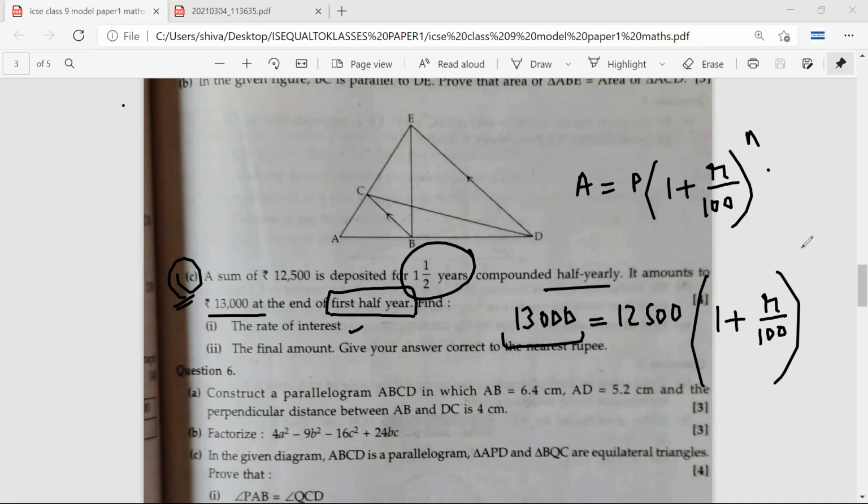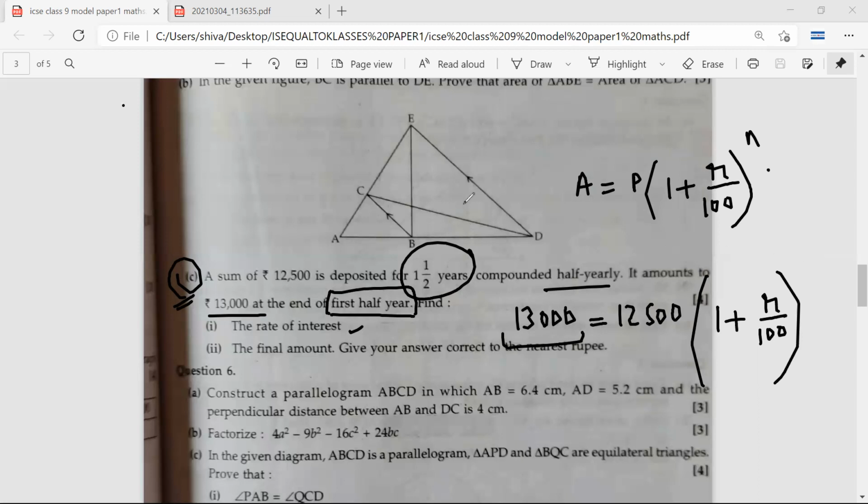So basically n would be equal to 3. Why will it be equal to 3? Because it is for 1.5 years, so in a duration of 6 months, there will be 6 months 3 times, so it would be 3.